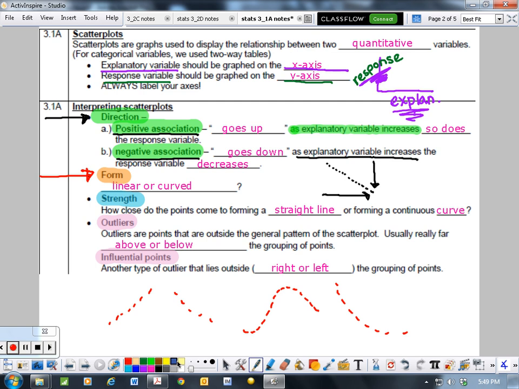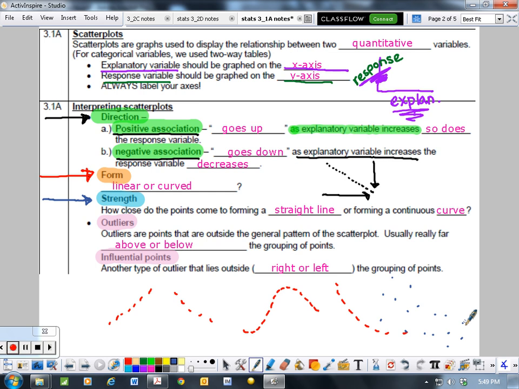Our next thing is strength. So how close do the points come to forming a straight line? Everything I've drawn so far actually comes really close, but most scatter plots truly look like this. The closer they are to forming a straight line or a continuous curve, the more strength it has. The more spread apart they are, the less strength it has.